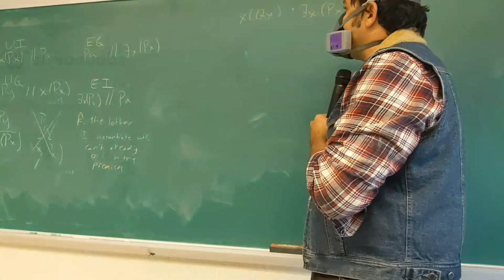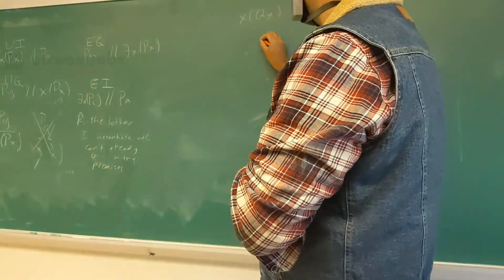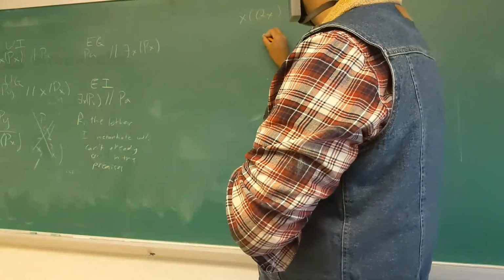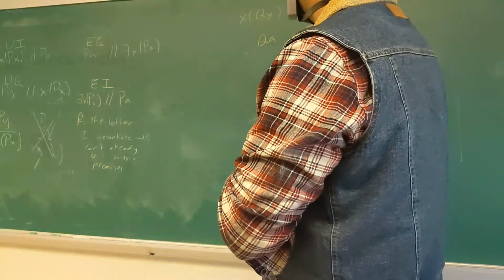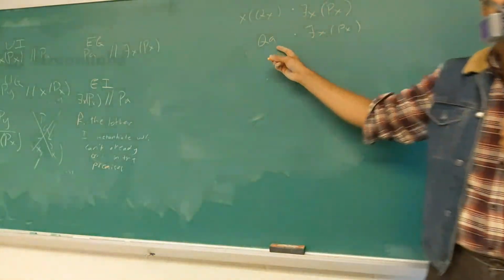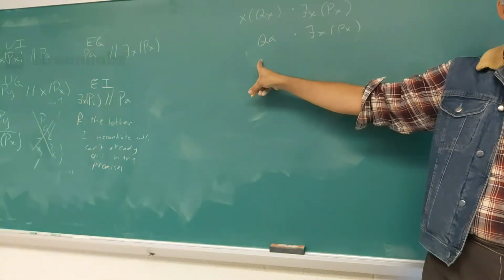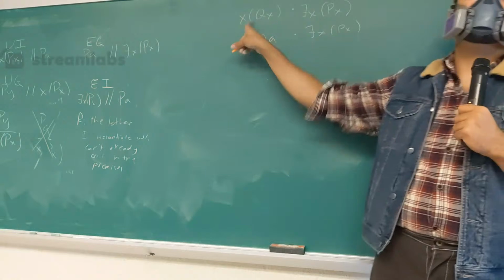If I did this, is that okay if I instantiate this with A? Yep, because this applies to anything, right?